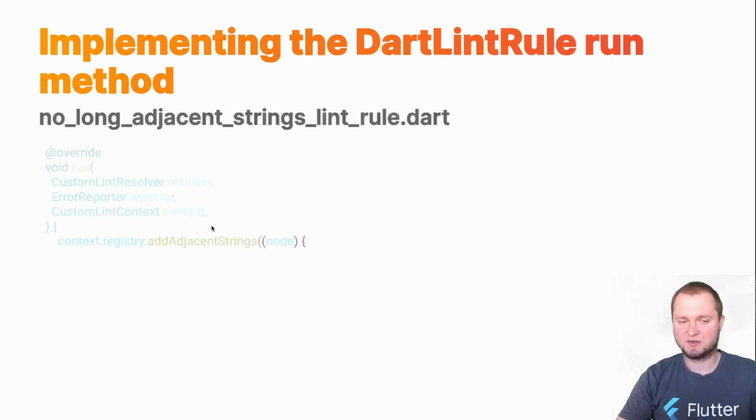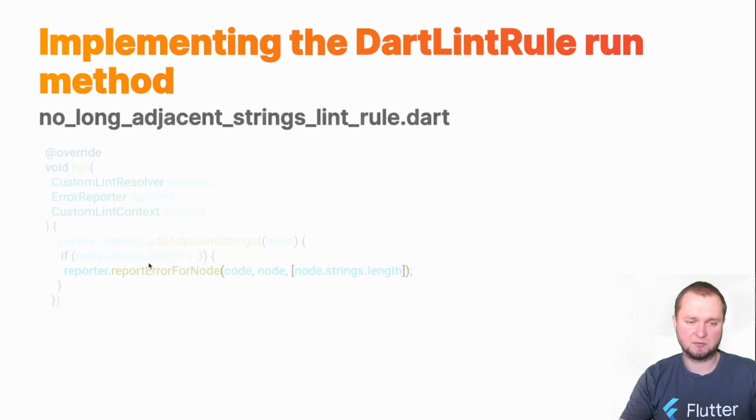To detect adjacent strings, we use the addAdjacentStrings method. This add means adding a callback which will be executed for each adjacent strings. This callback here will be executed for each adjacent string in the given file. This node contains information about the file and line number.